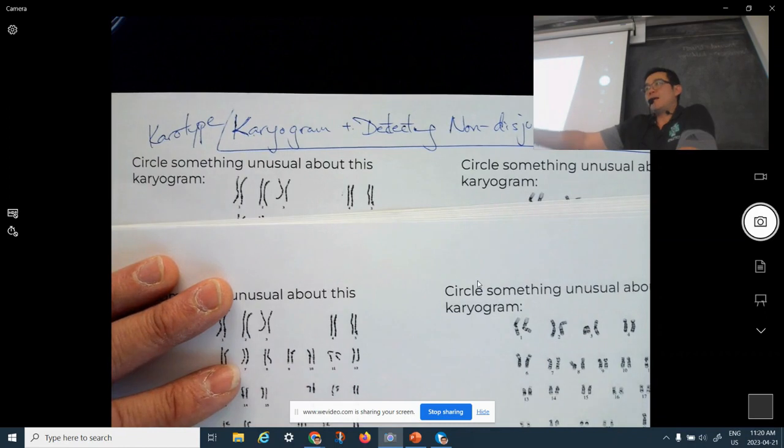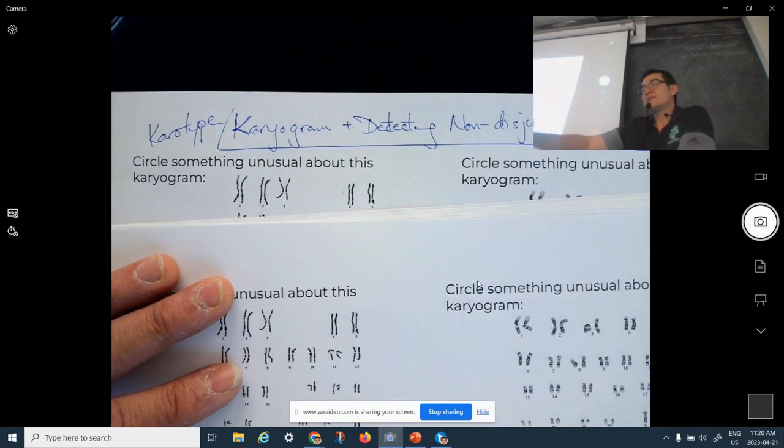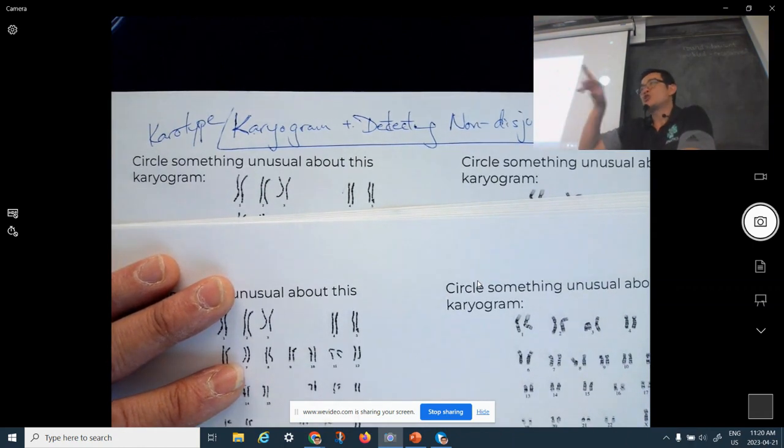So typically, you collect a cell sample. You add dye and stain the DNA in the chromosomes. After that, you take a picture and then you cut them out and match all the homologous chromosomes together.